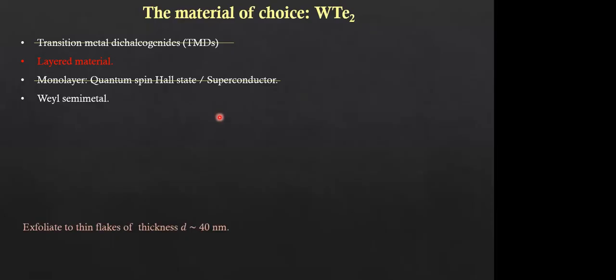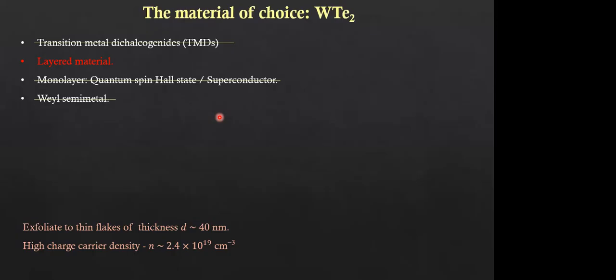So we exfoliate our tungsten ditelluride single crystals into thin flakes of thickness about 40 nanometer, and they have a very high charge carrier density because, being a semimetal, and that actually helps us in observing the hydrodynamic flow.